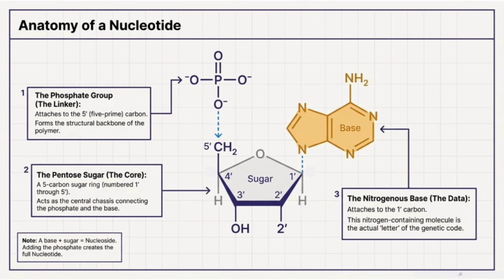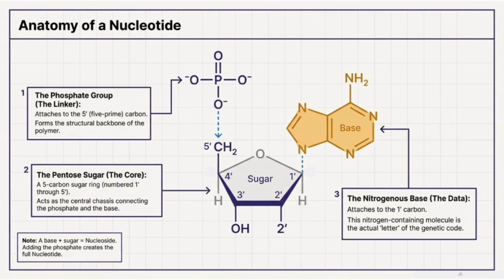Then eventually a nucleotide has a phosphate group attached on carbon 5, and this helps to form the structural backbone of the polymer. But when we only have a base and the sugar, it is called a nucleoside.